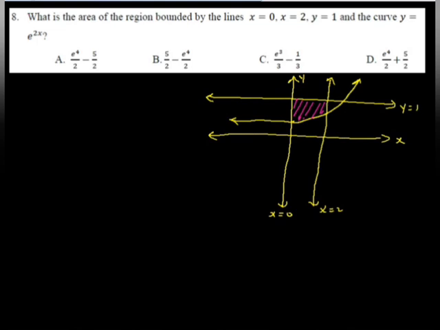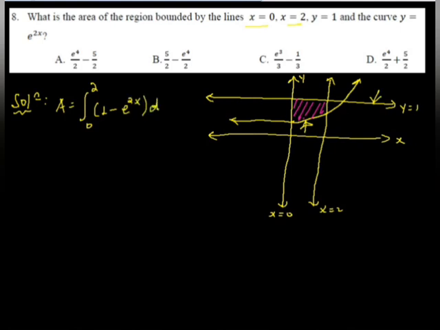So to calculate this area, we need to understand the boundaries. The area is from x equals 0 up to 2, and it's bounded above by y equals 1 and bounded below by y equals e to the power of 2x.